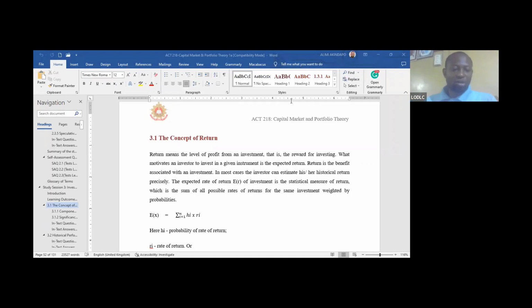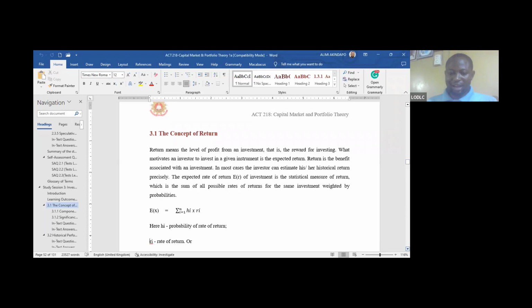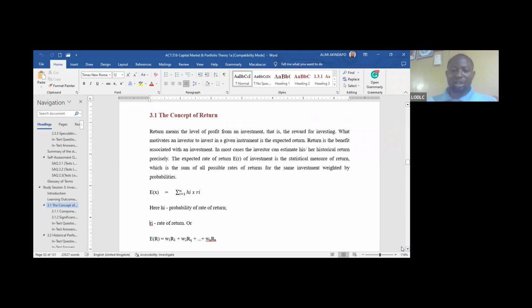So now what we are trying to say here is that the expected rate of return is what we are interested in here.